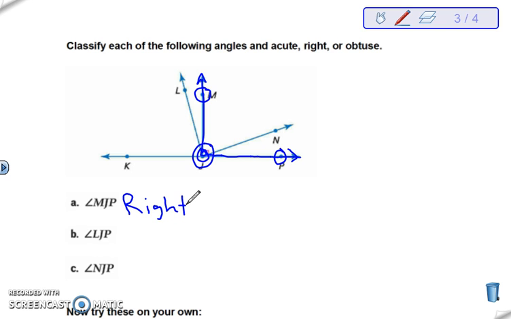So then for LJP, I'm going to find L, J, P. So if I trace out that angle, notice that if I start at L and sort of rotate around, that angle is bigger than the one we just were looking at. So since it is larger than a right angle, it has to be obtuse.